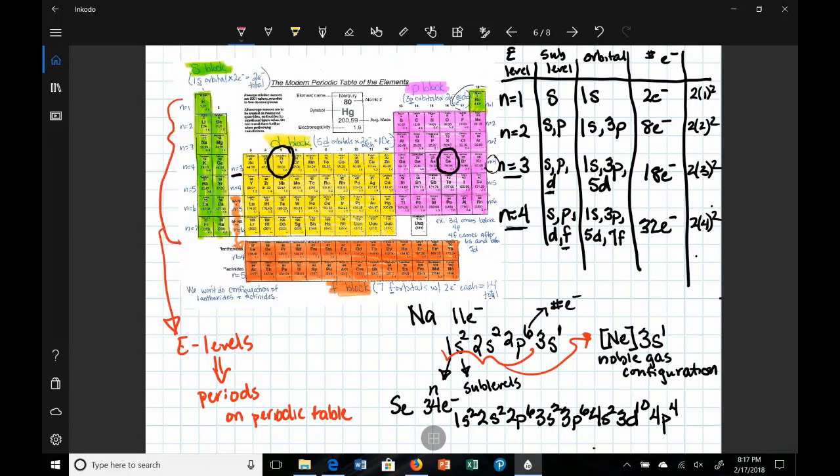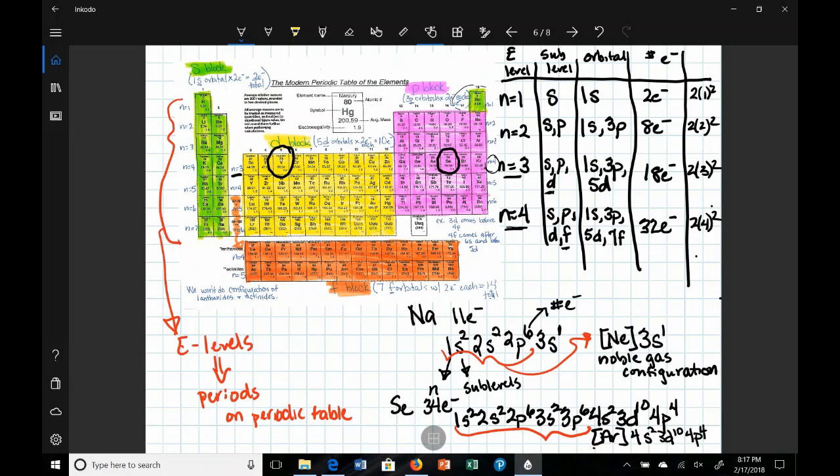So notice that these first 18 electrons represent argon. Notice we're left with the remaining electrons for the remaining electron configuration. So we can write it as argon 4s2 3d10 4p4.